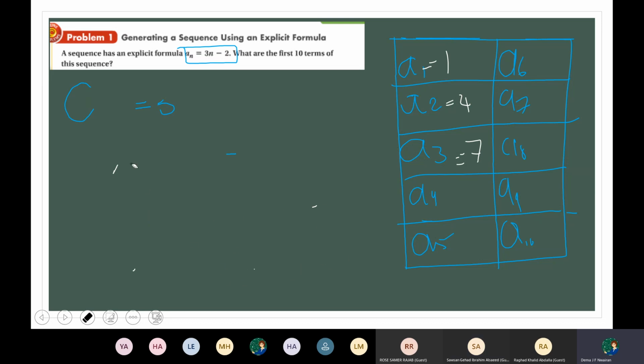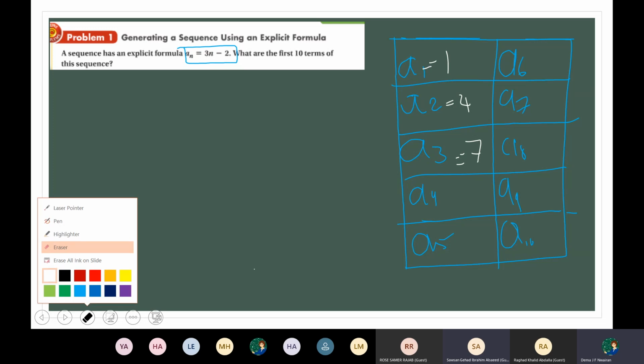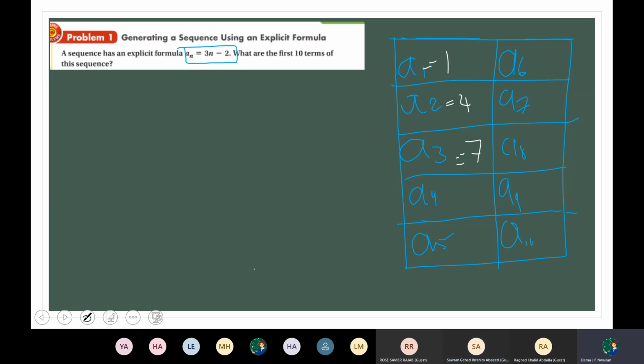Yes. Now, they told me that adding 3 is not an explicit formula. Yes, it's recursive. But in the explicit formula, if I ask you to find A of 100, you can tell me directly. Later on, if we're talking about recursive, you need to find A sub 99 to find A sub 100.